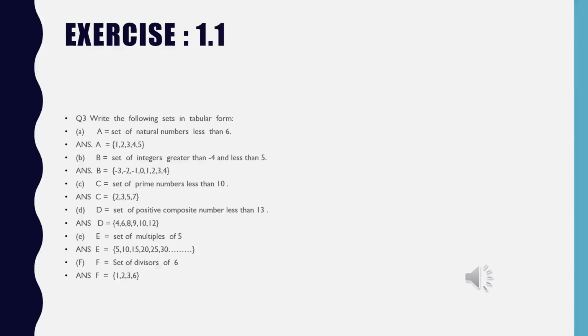Because the sets which have countable numbers are called finite sets. So the set of divisors is always a finite set, but the set of multiples is infinite, because the set of divisors has some stoppage, but the set of multiples has no stoppage, because the multiples are 5, 10, 15, 20 and so on, as long as you go on with the multiplication. Is it clear? Thank you.